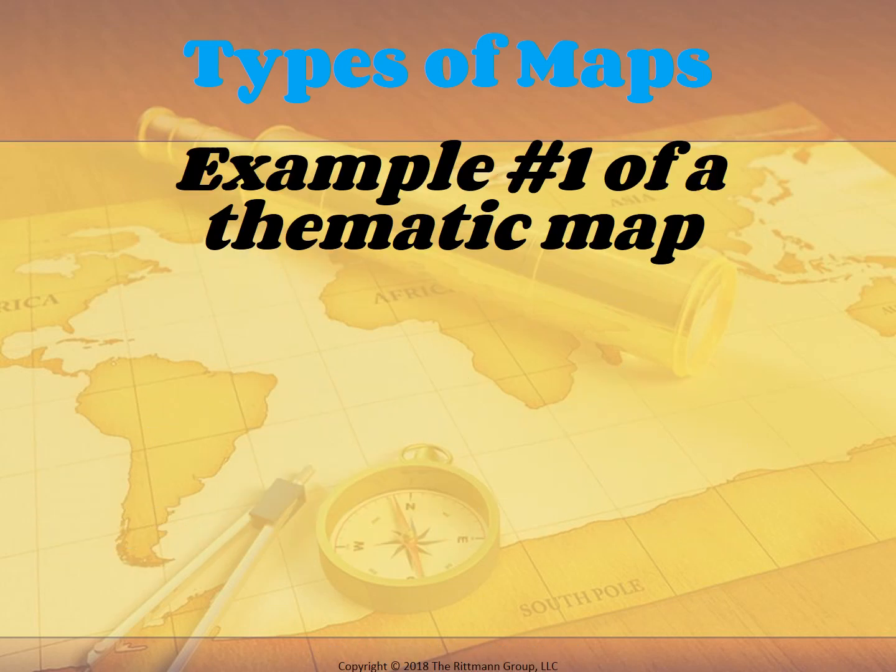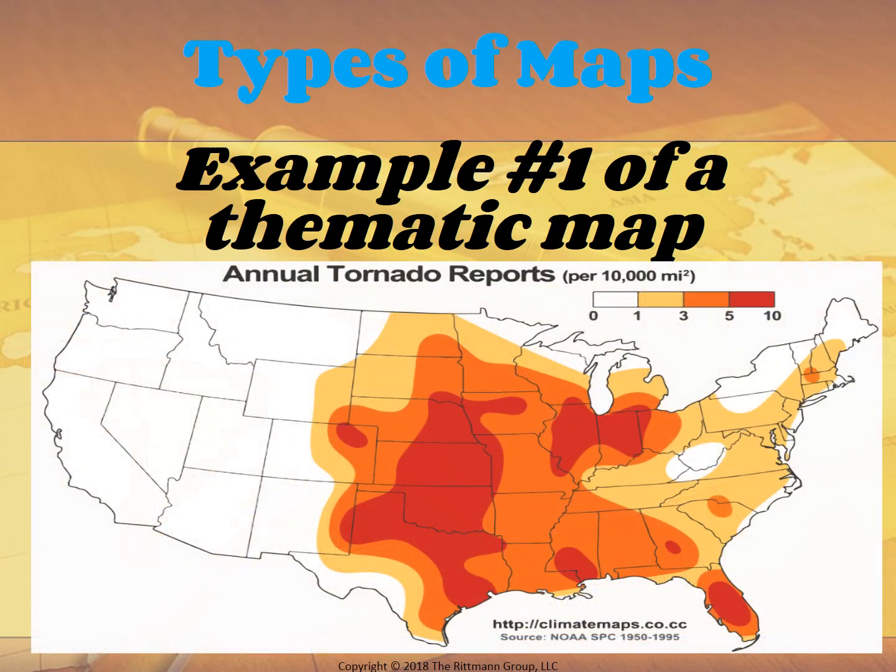Here's an example of a thematic map. The annual tornado reports per 10,000 square miles. So if you look here, the white areas have very, very few tornadoes, but as it goes to yellow, it shows more, and then an orangish color, which is more, and as it gets darker, even greater. So looking at this map, which areas do you see the greatest number of tornadoes?